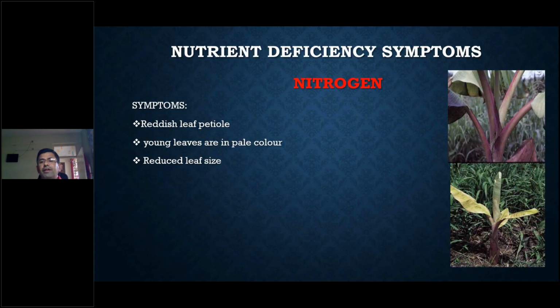First, we will see nitrogen deficiency. The symptom is a reddish leaf petiole, as you can see in the top photo. Young leaves are pale yellow in color, and the leaf size is reduced. These are the nitrogen deficiency symptoms.